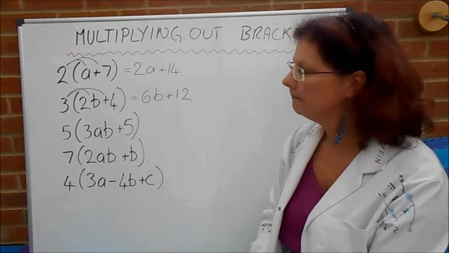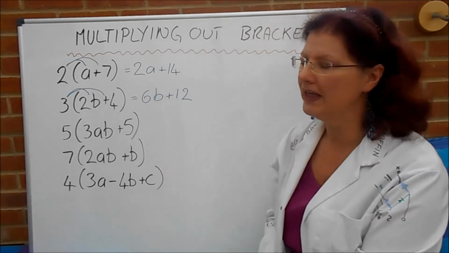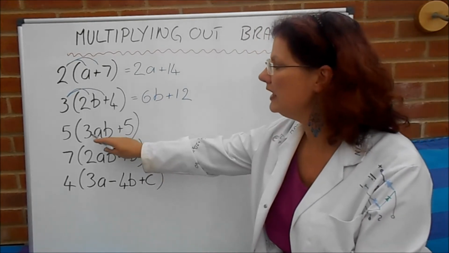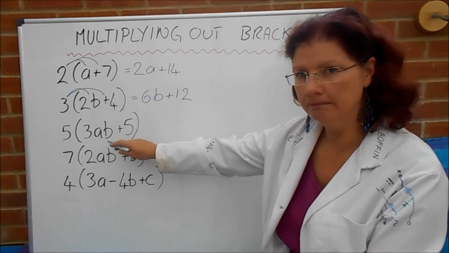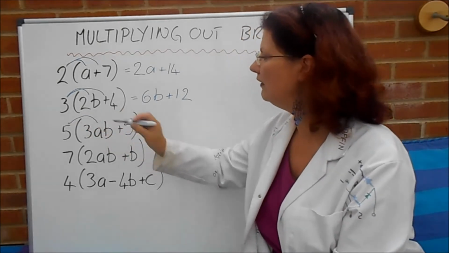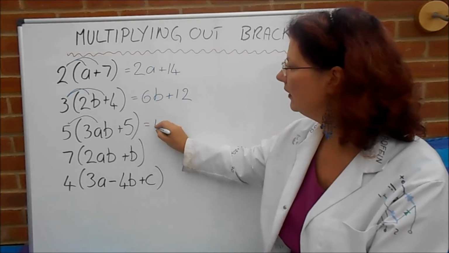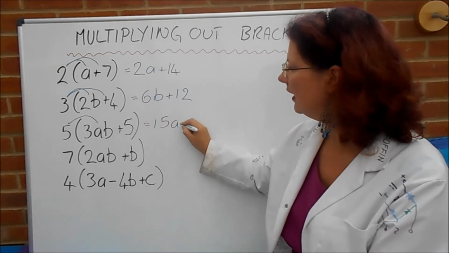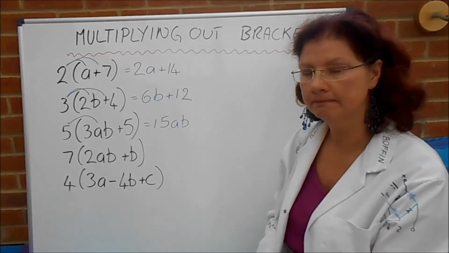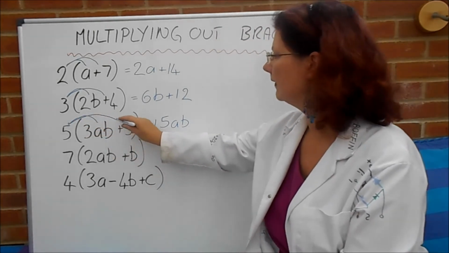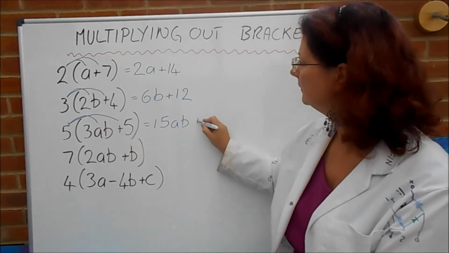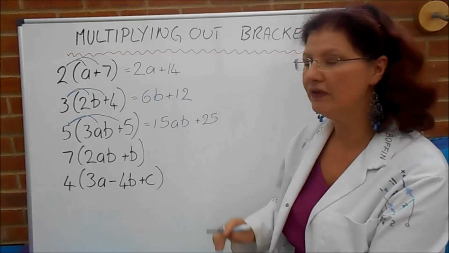For the third one down, we've got something slightly more complicated in the brackets. That's a 3 times an a times a b. So when we do 5 lots of 3 times a times b, we end up with 15ab. And the 5 times the 5 plus 25.